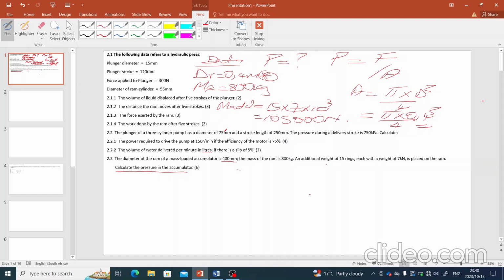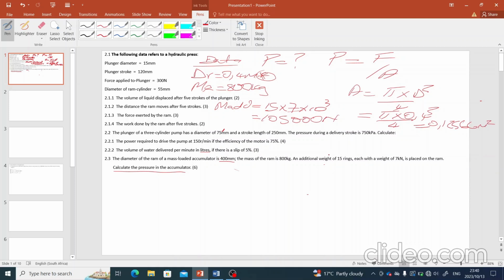Did I calculate them separately? No. But because I'm making the video, I will calculate it separately. Divide by 4, then I get my area as 0.12566 m squared. Okay, that's what I got there.